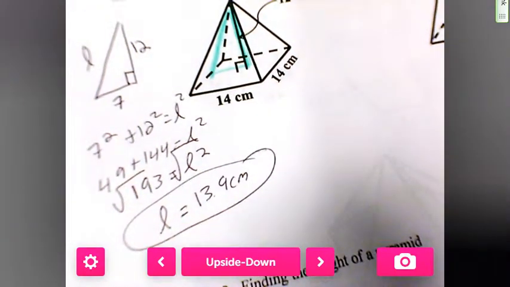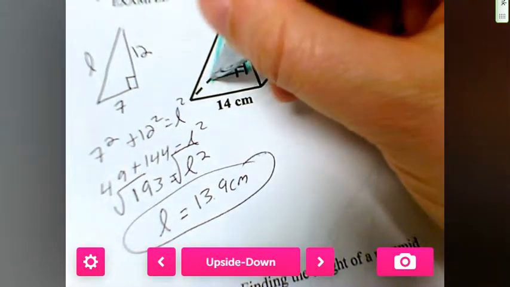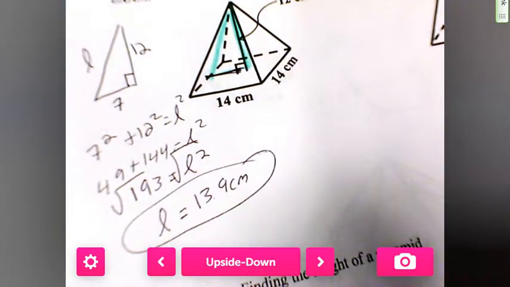Okay. So you're going to do the one next to it exactly the same, but I'm going to let you guys do that on your own. We're going to move to example number 2, where we're given the slant height, and we've got to find the height. Everybody okay with it's Pythagorean theorem? Just the bottom part I just have to take half of if it's a square base pyramid?